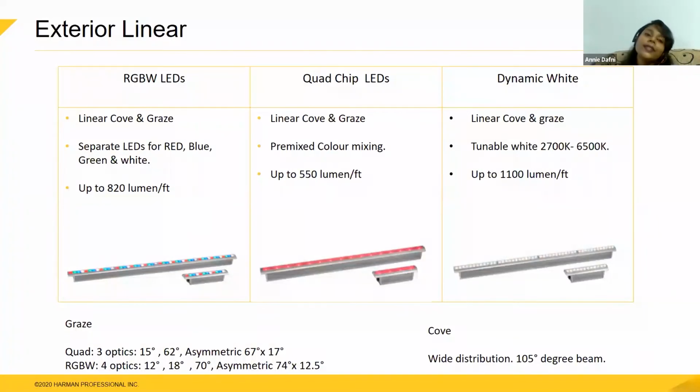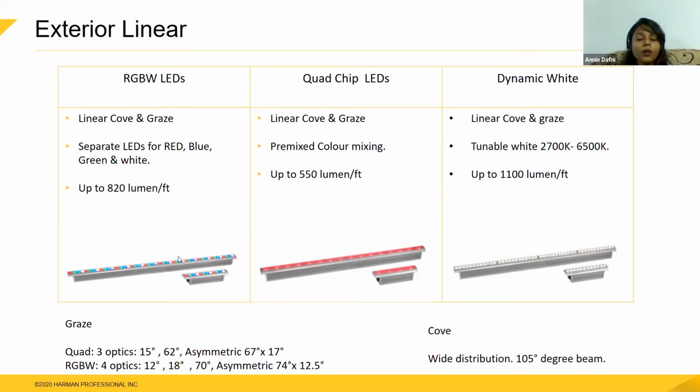Okay, so the next variant in the traditional wash lighting technique is the exterior linear series. So these are linear, sleek looking fixtures like you can see here. And they come in two lengths, the 4-foot and the 1-foot version. And they also have the RGBW, quad chip, and the dynamic white variants.